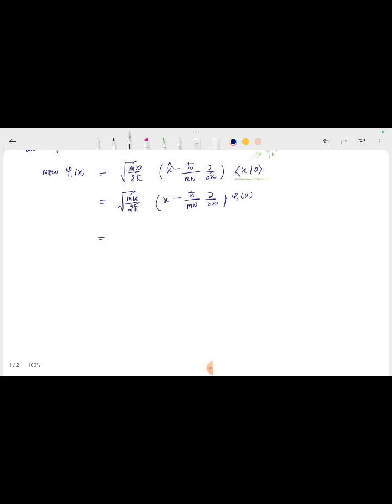Now let's substitute the value of psi 0 x: mω upon 2ħ, x minus ħ upon mω del x, times mω upon πħ whole to the power 1 by 4, times exponential of minus mω x square upon 2ħ.